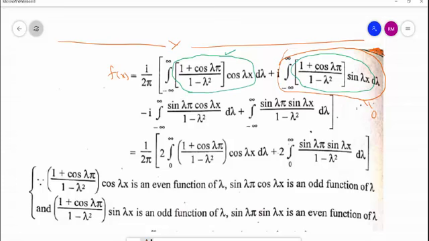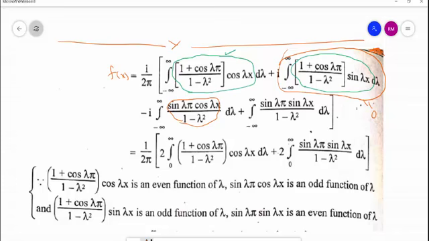Now focus on the third term. Here cos is an even function, sin is an odd function of lambda. So even into odd is always odd. So again this is an odd function, because odd into even, and the whole divided by even.